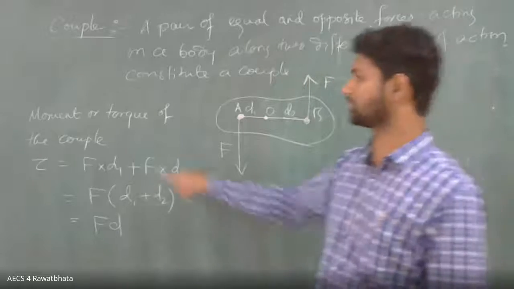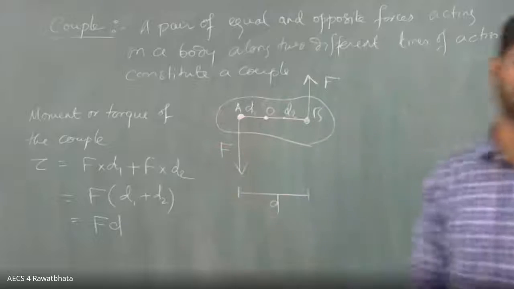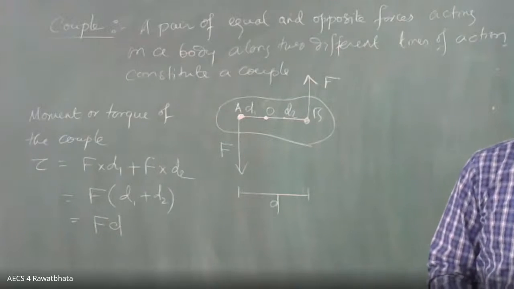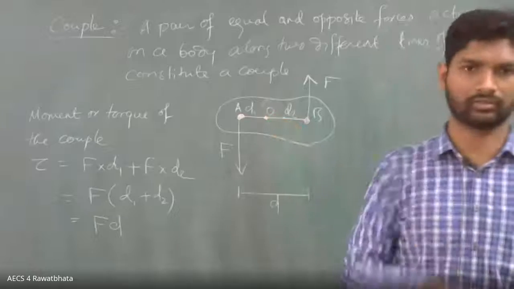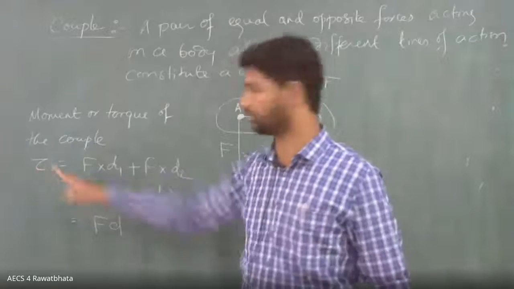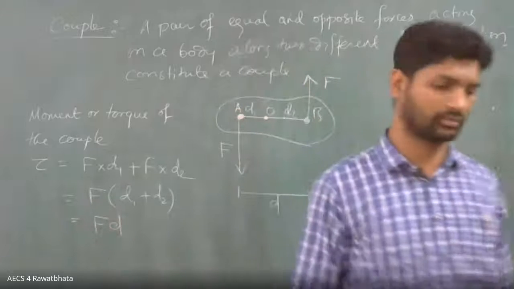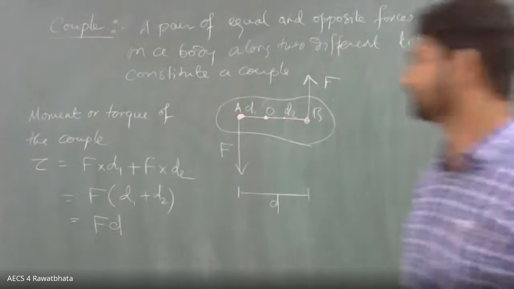So that means the torque or the moment of the forces, the couple, is independent of the point of rotation. Wherever the point of rotation is, the torque on the object will be F into d.